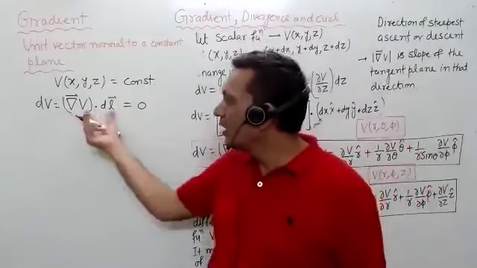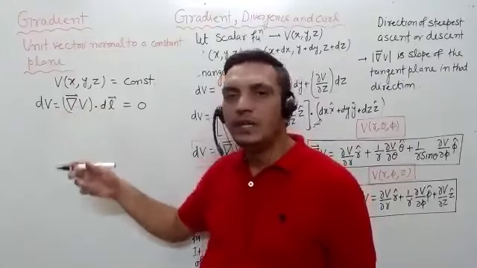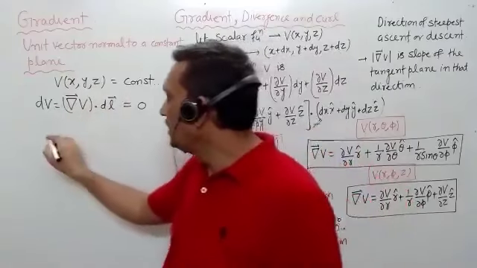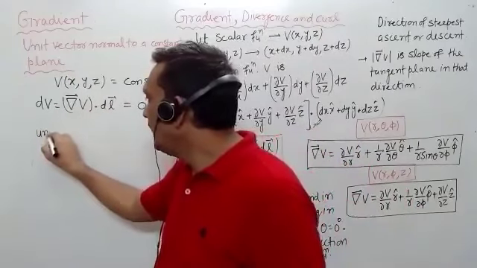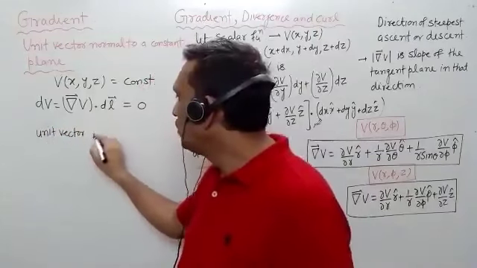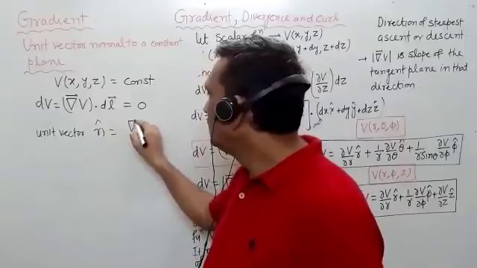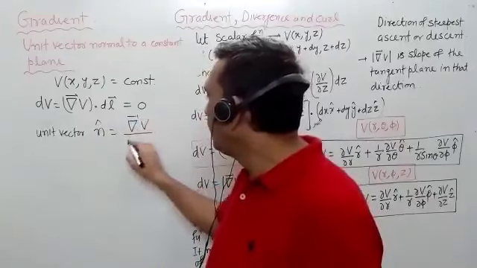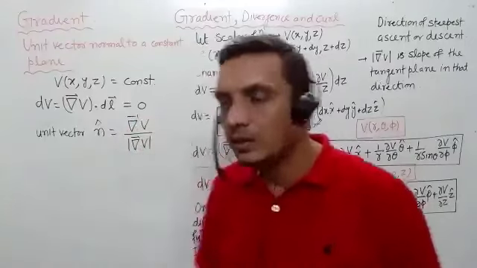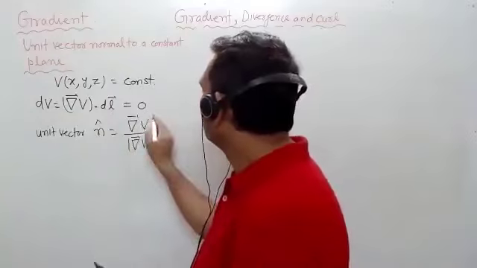If gradient V dot dl is 0, what does it mean? dl and gradient V are perpendicular. So in that case, we can write the unit vector that is normal to the plane, n cap, is simply gradient V by mod gradient V.